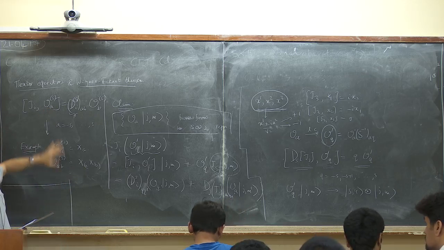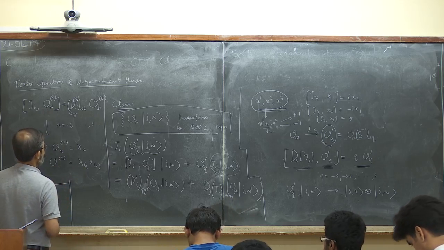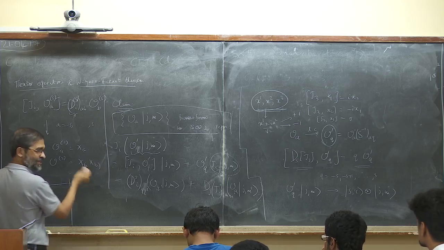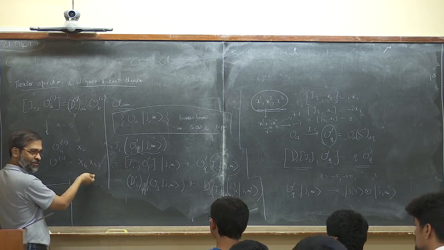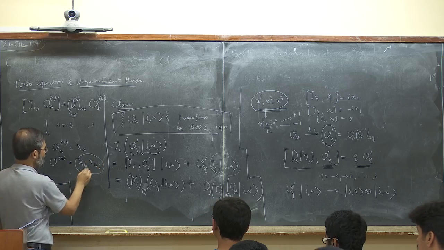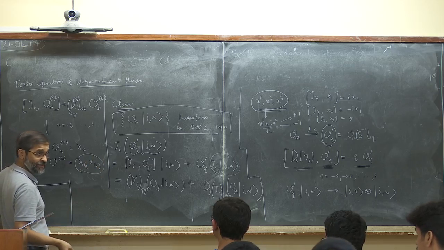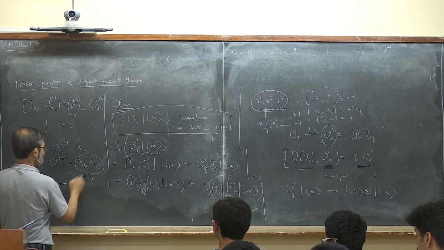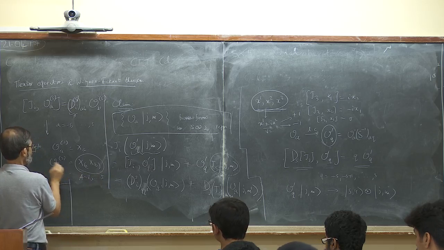So you take two of these x's and take a symmetric traceless tensor out of them. Then there will be 5 of them, so you can label them by a composite label, capital A, running over them.